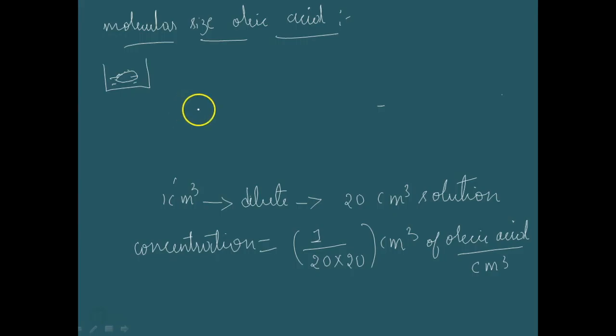Suppose we have dropped n drops in the water. Initially, we determine the approximate volume of each drop. If we consider the approximate volume of each drop as V centimeter cube, then what will be the volume of n drops? The volume of n drops will be equal to n into V centimeter cube, isn't it?